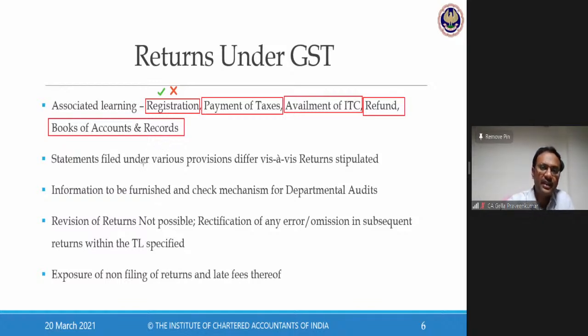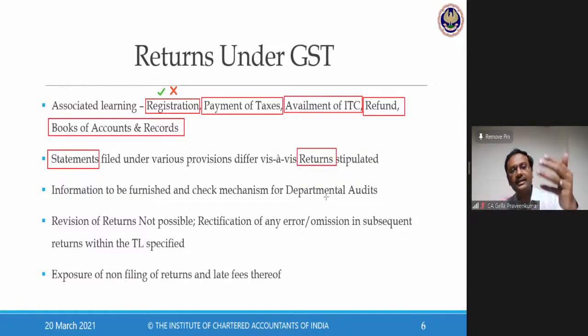Next, there are various statements filed under my GST law. We need to understand there is a difference between a statement and a return. Not everything we file is a return. Not everything we file is a statement.